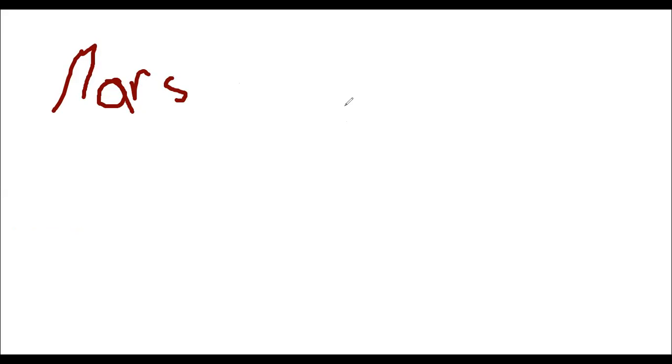One really cool fact about Mars is that its soil is red because of all the iron. Because of all this iron, it's rusted so much that it is red. It's rust, to be exact.